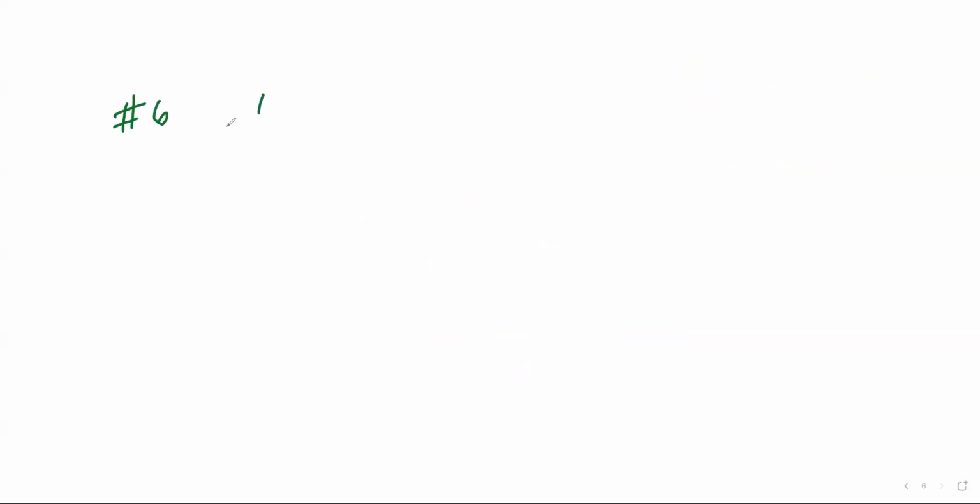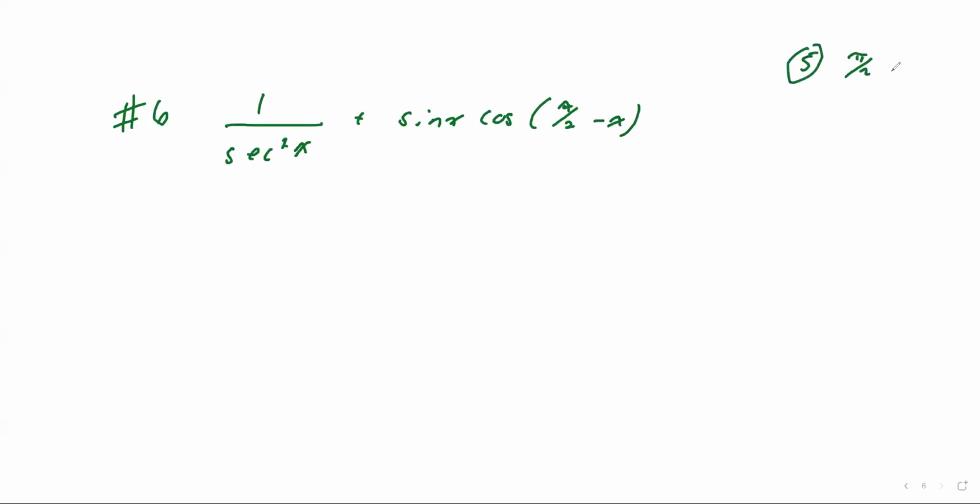Number 6 is 1 over secant squared x plus sine x times cosine of pi halves minus x. All right, so in my next step, which I believe is the 5th step, if you have a pi halves, we want to use the co-function identities.